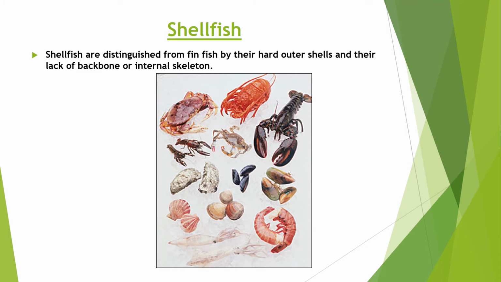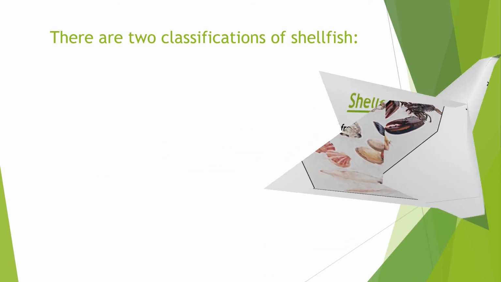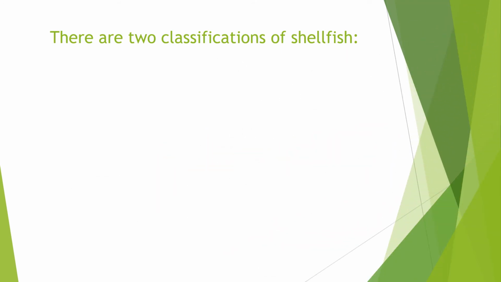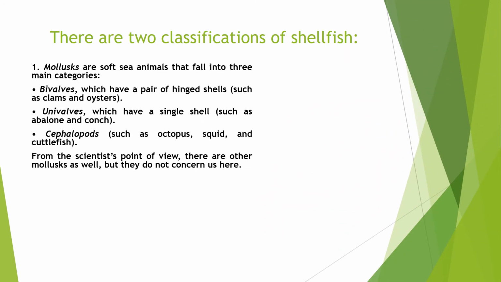So what are shellfish? There are two classifications of shellfish. The first one is mollusks, which are soft sea animals that fall into three major categories. Bivalves, which have a pair of hinged shells, such as clams and oysters.